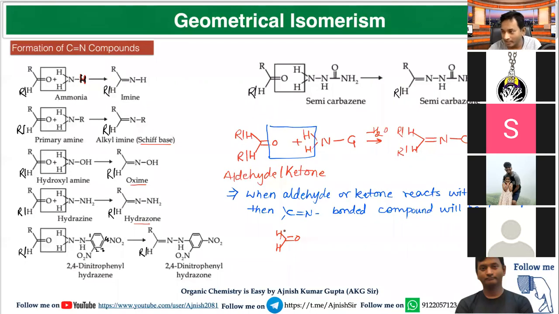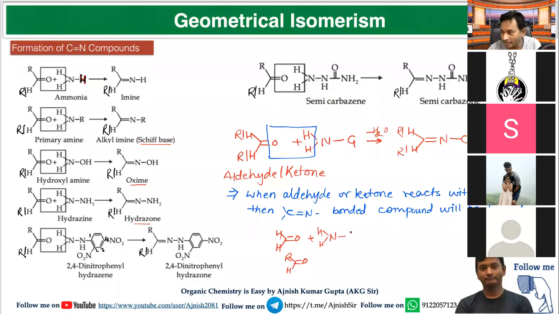Other than formaldehyde, if you use any carbon, maybe methyl, ethyl, propyl, maybe aliphatic, maybe aromatic, you can connect benzene also. So when H is replaced with any carbon-containing group, such aldehydes are called unsymmetrical, like R or Ar.